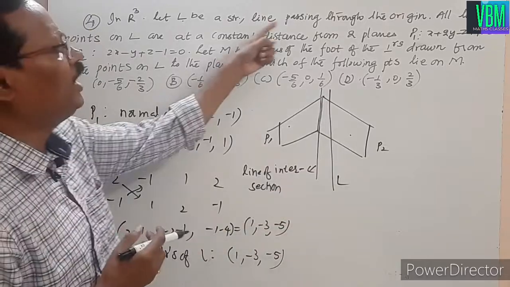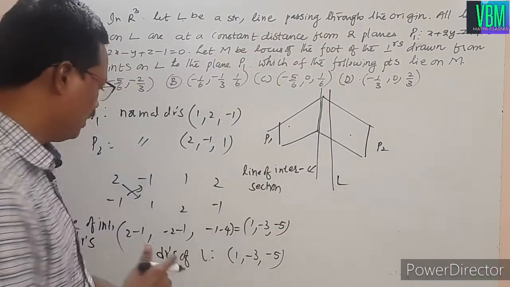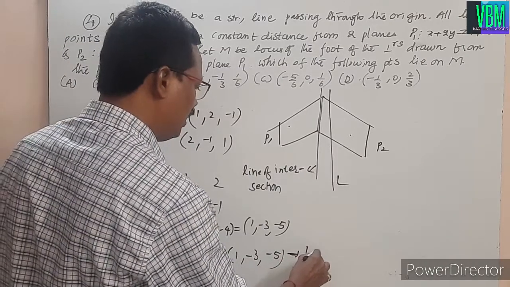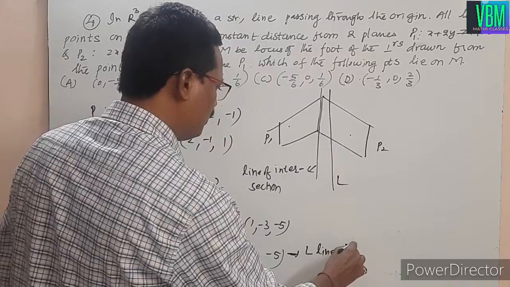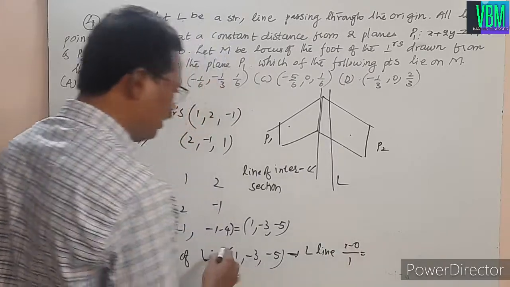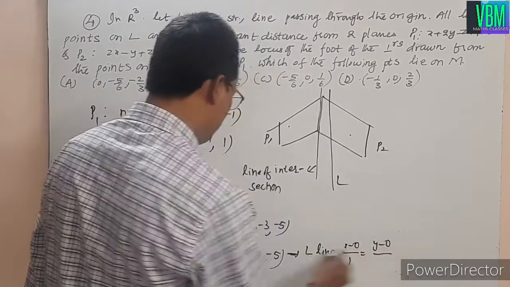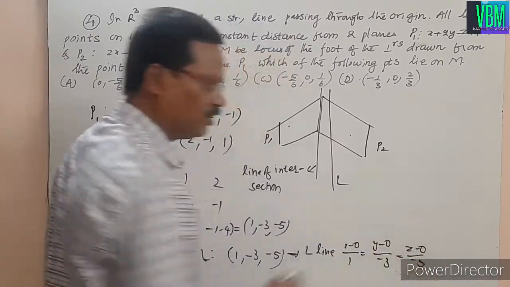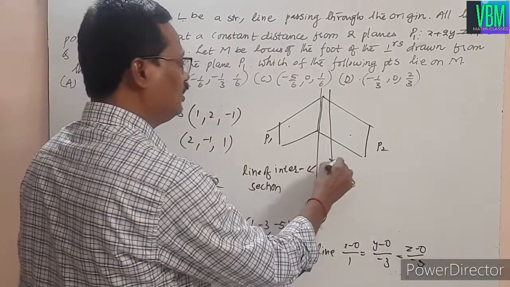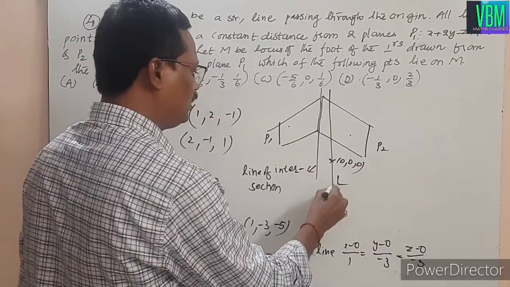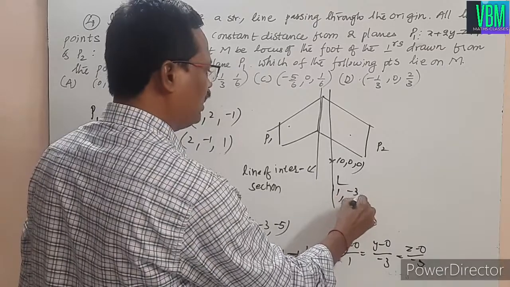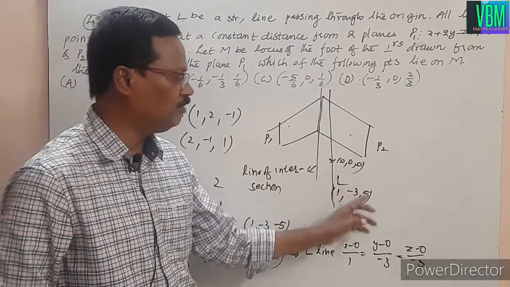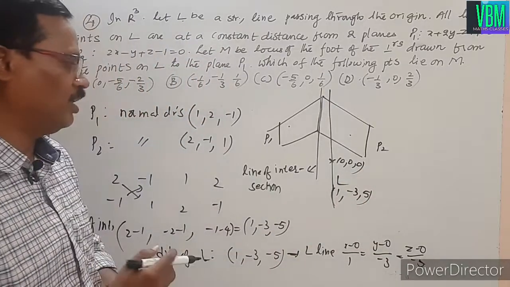Now, the line L is passing through the origin. Therefore L is (x minus 0)/1 equal to (y minus 0)/minus 3 equal to (z minus 0)/minus 5. This line passes through the origin and its DRs are 1, minus 3, minus 5, in the form (x minus x1)/a, (y minus y1)/b, (z minus z1)/c.